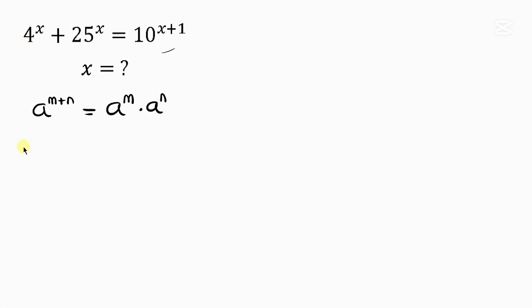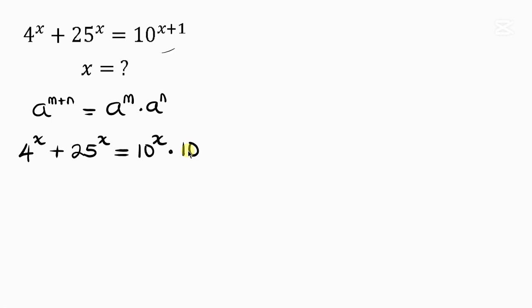So we have 4 to the x plus 25 to the x to be equal to, now this can be expressed as 10 to the x times 10 to the power of 1. But I'm not going to be putting a 1. The 1 is going to be invisible because 10 to the 1 is same as 10.